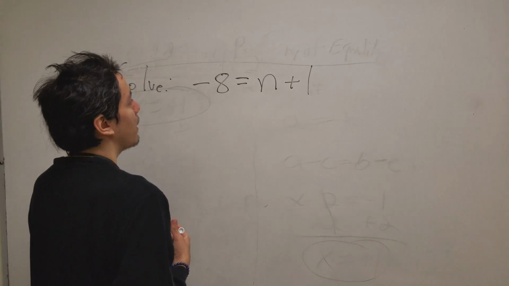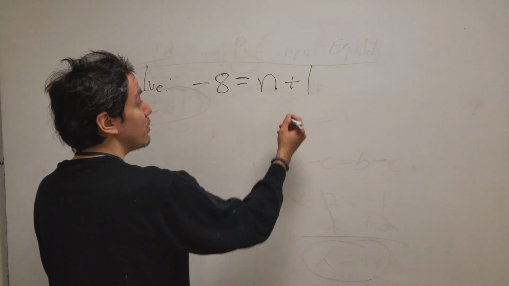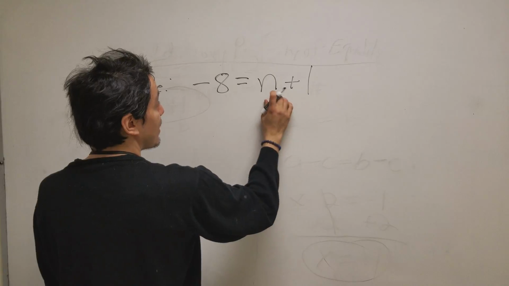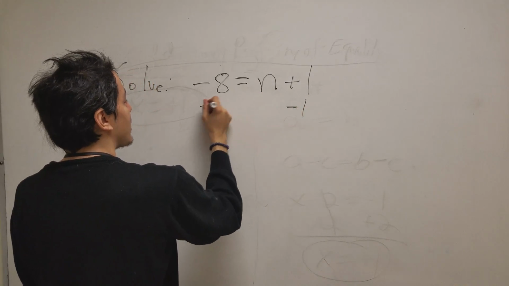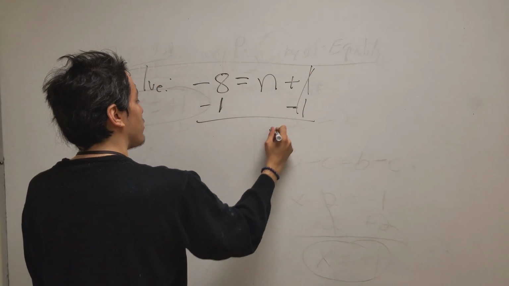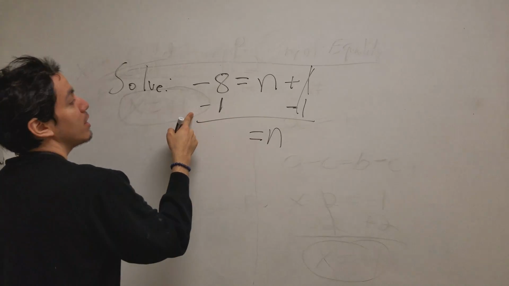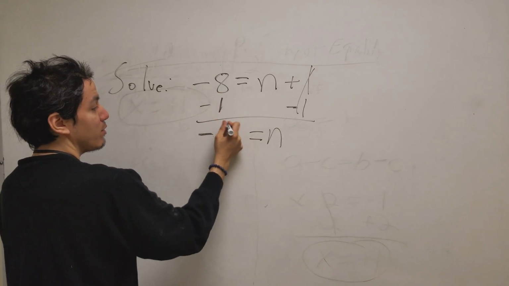Okay, so now let's get n by itself. To do that, I have to get this by itself, so I have to get rid of this 1. I gotta minus its counterpart. This becomes 0, so n equals, remember, now when the signs are the same, you keep the sign and you add the numbers.